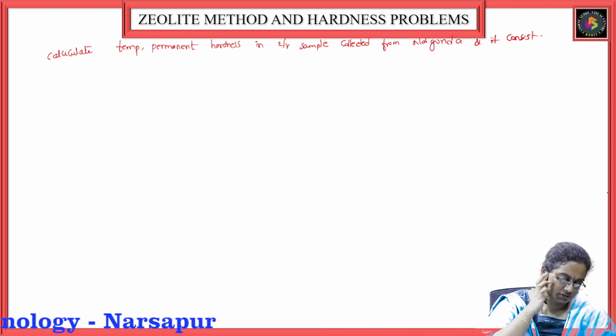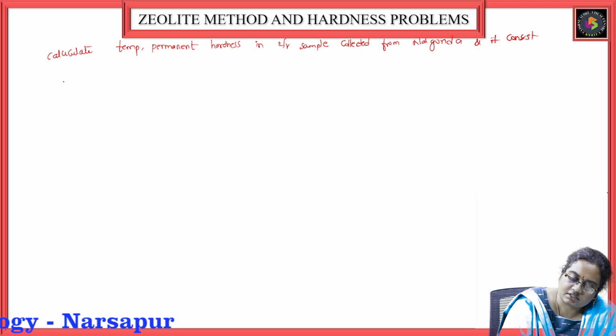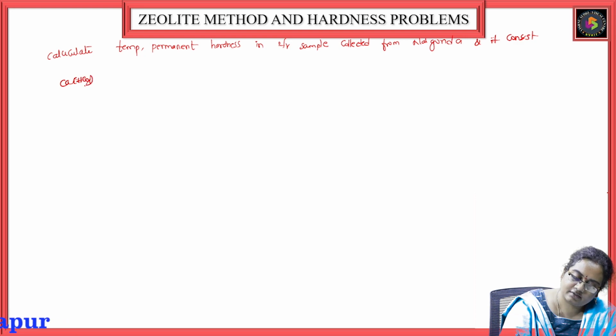So the first salt is calcium bicarbonate, which is 16.3 milligrams. Next, magnesium bicarbonate, 14.6 milligrams.